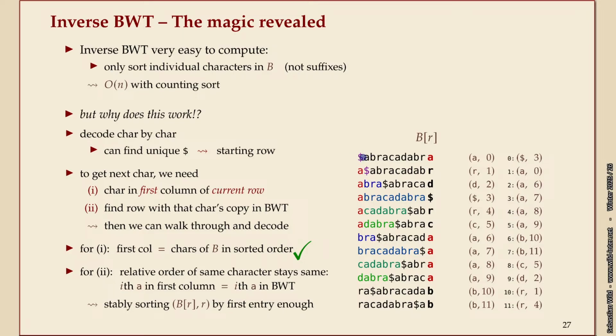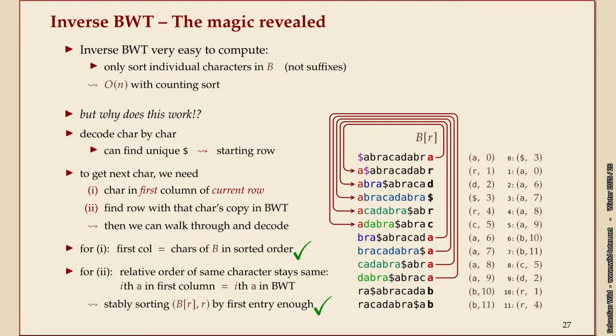So this dollar is smaller than all these. And the same for the others. So these colors after the A and the colors without the A remain in the same sorted order. Has to be. And that means this A is mapped to the first A here, the second A is mapped to the second here, third to third, and so on.